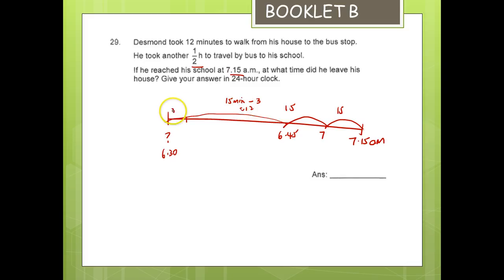So 6:30 plus 3 will be 6:33. So answer is 6:33 a.m. They asked for the 24-hour clock, so it's 0633 hours.